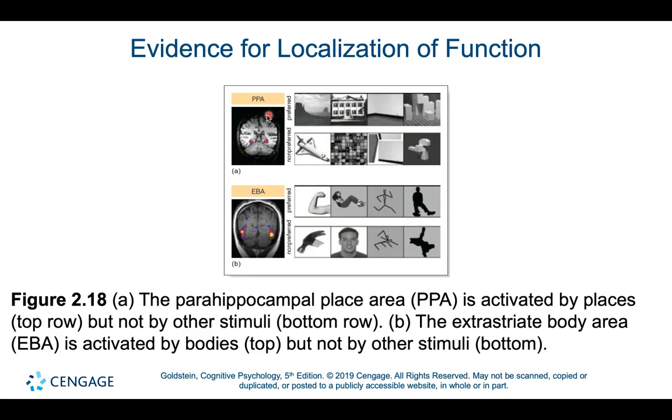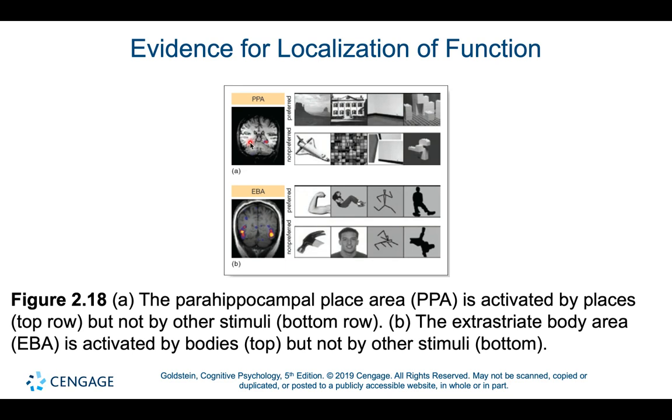So here's a visualization of where the PPA and the EBA are. We can see the PPA is located on both sides of the brain, right? Your brain is sort of a left to right copy of itself anatomically in some sense.